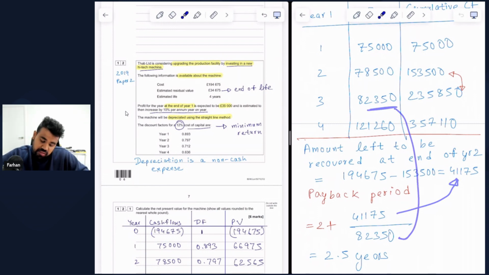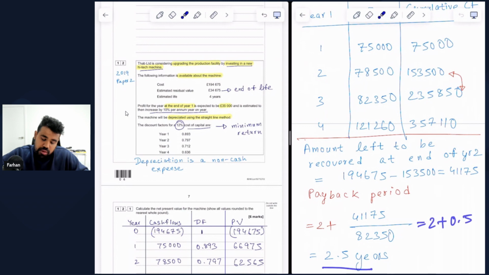So we are left with 41,175 to recover at the end of year two, which is obviously what we will be recovering from what we have gotten for year three, which is 82,350. And that makes it 2 plus 0.5. When you do the maths, the payback period comes out to be 2.5 years.